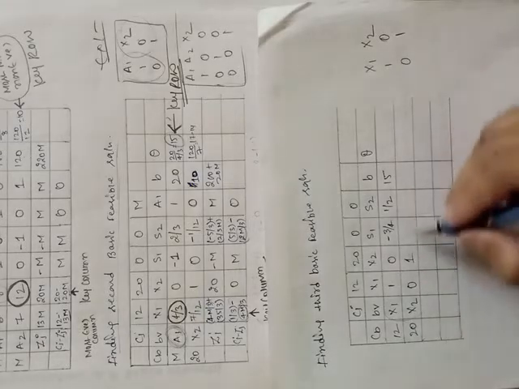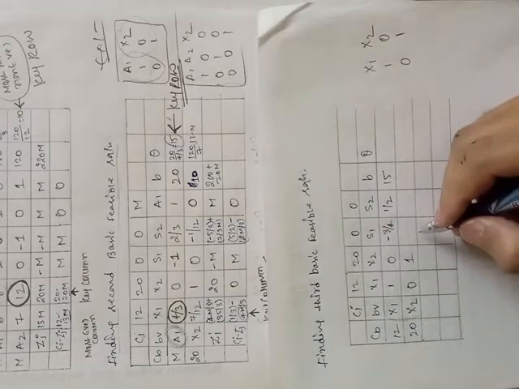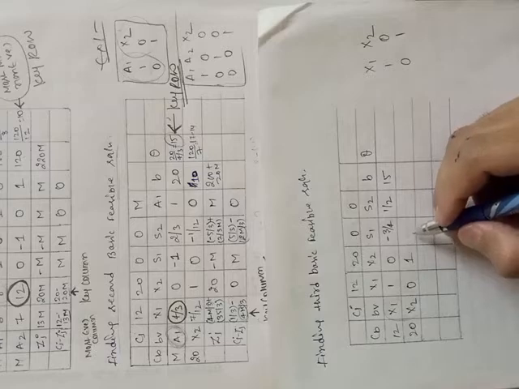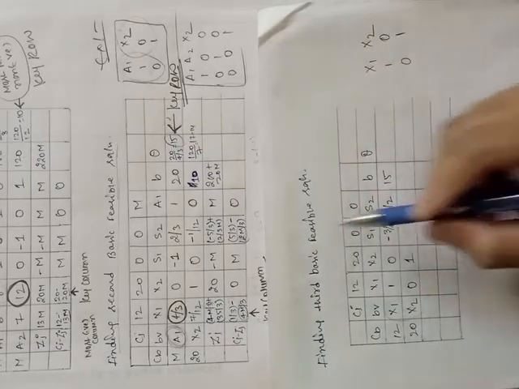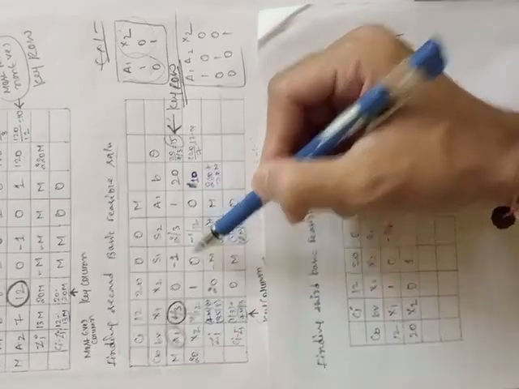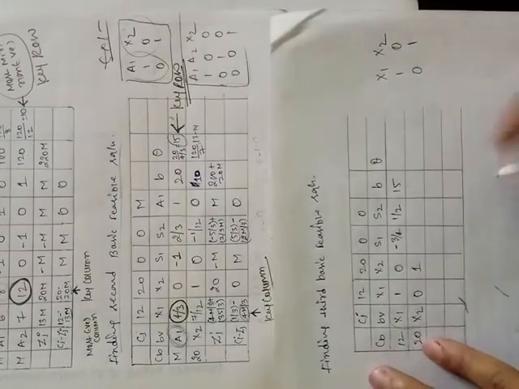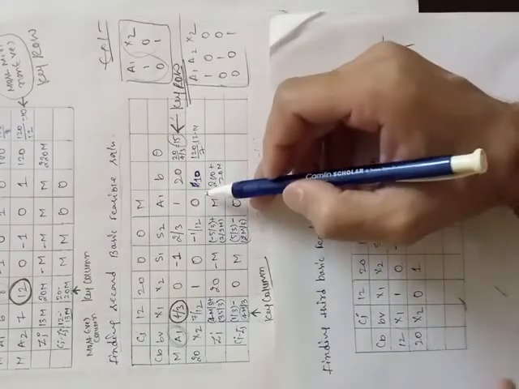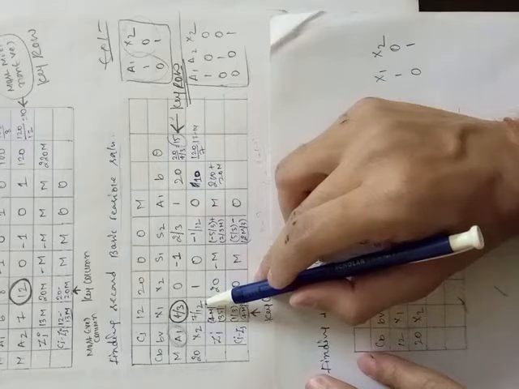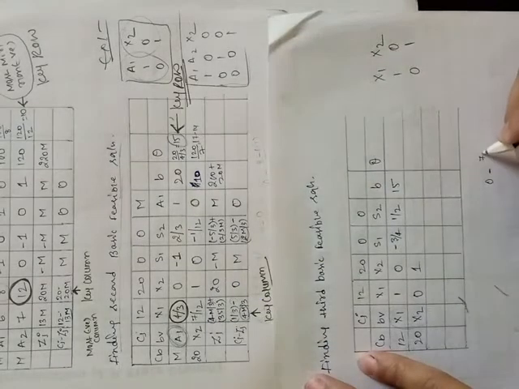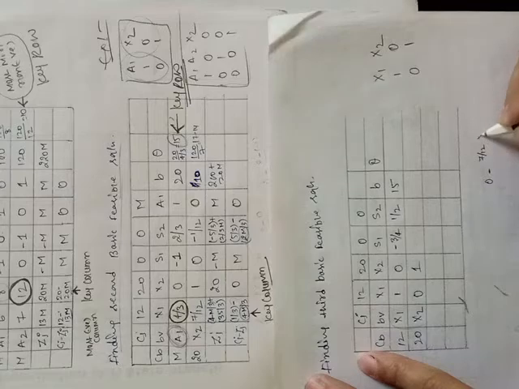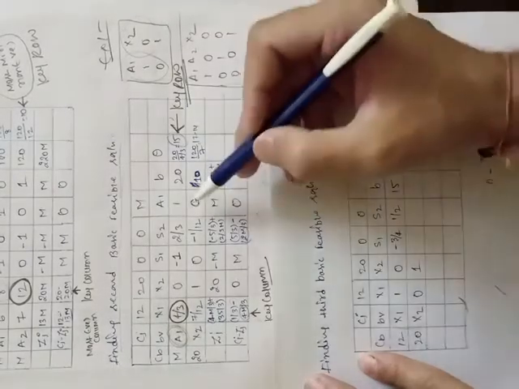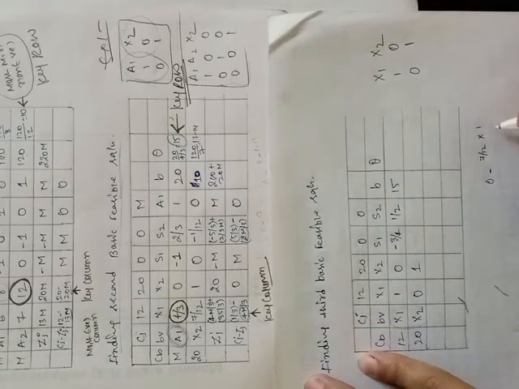And for the x2 row, we need to use the formula. In the previous table at the place of s1 there is a 0, so 0 minus corresponding key column into corresponding key row divided by key element.